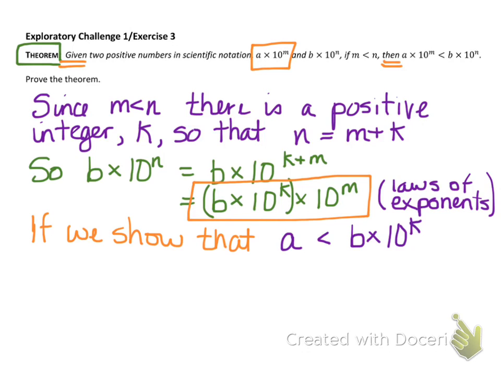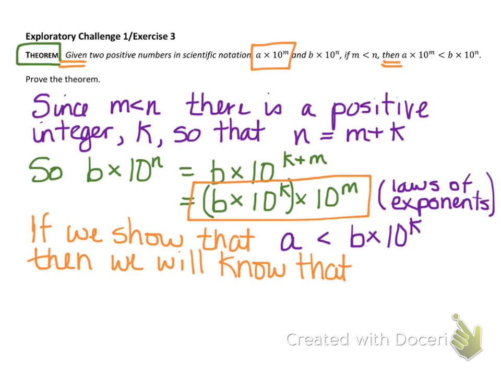So if I can show that a is less than b times 10 to the k, no matter what a and b are, then I'm done. Then we'll know that a times 10 to the n is less than b times 10 to the m. Or did I have that backwards? Oh, I put those backwards. Let's fix that right now. Okay, see, I make mistakes.